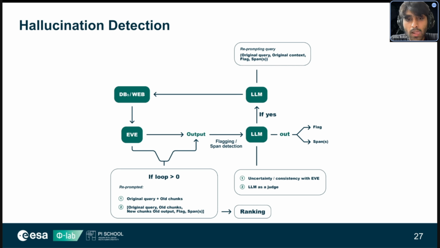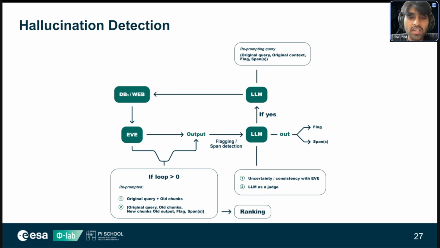If it has happened, we go through a phase called reprompting or requerying. One possible cause for hallucination could be that the retrieval did not perform well, and maybe it just retrieved some random chunks. So the idea here is, given the query, the context, and whichever particular span was hallucinated, can we rewrite the query in such a way that this time the retrieval gets the right chunks?